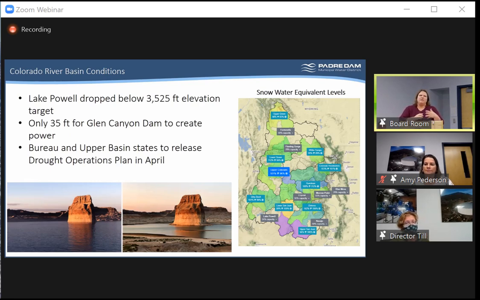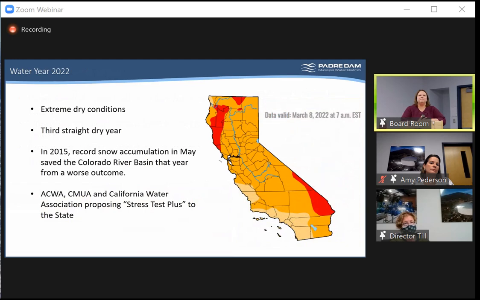It's an indicator that the Bureau of Reclamation is really looking closely at. In response to that, they are looking at releasing a new drought operations plan in April. Again, probably not a huge impact to us here in California, but just something to continue to watch as we see conditions along the Colorado River Basin.